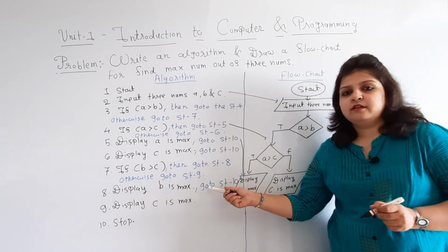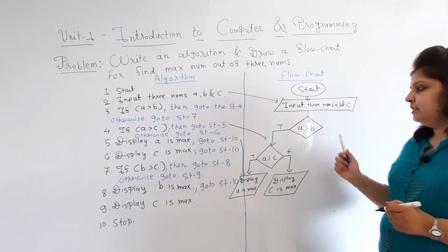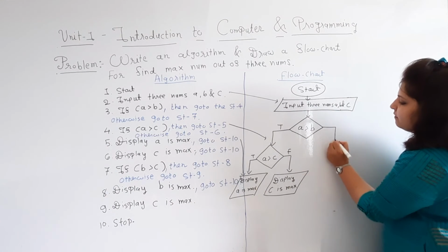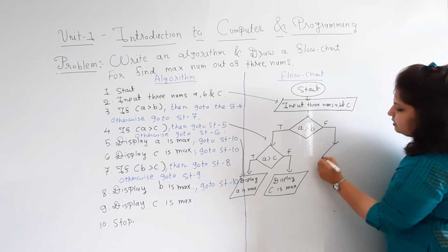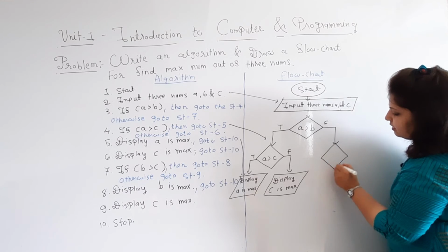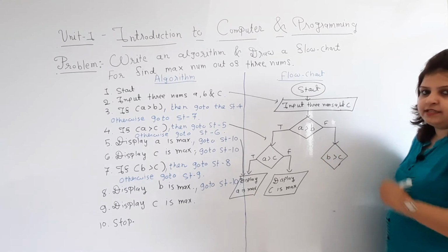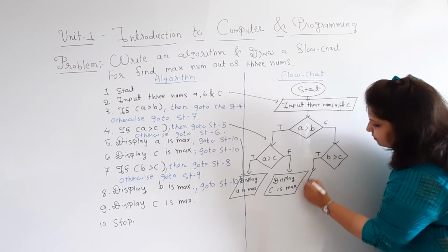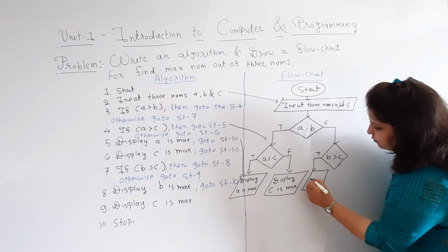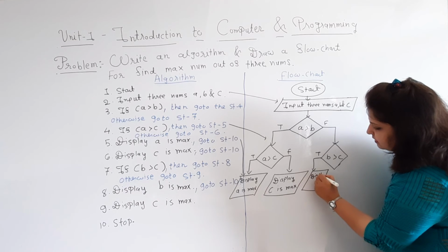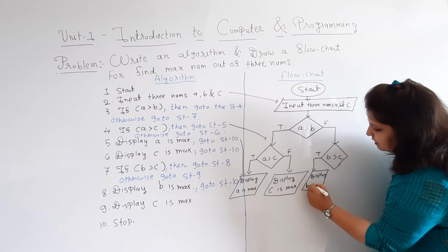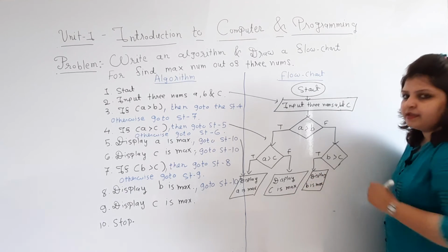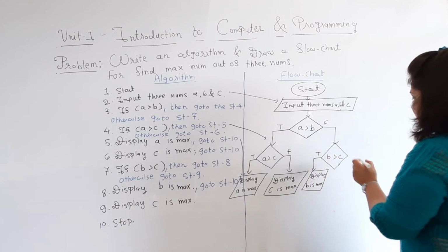Now move to the next condition, that is B greater than C. So the false part of our first condition is another condition, that is B greater than C. And if this condition is true, then our true part is display B is max, and the false part is C is max.